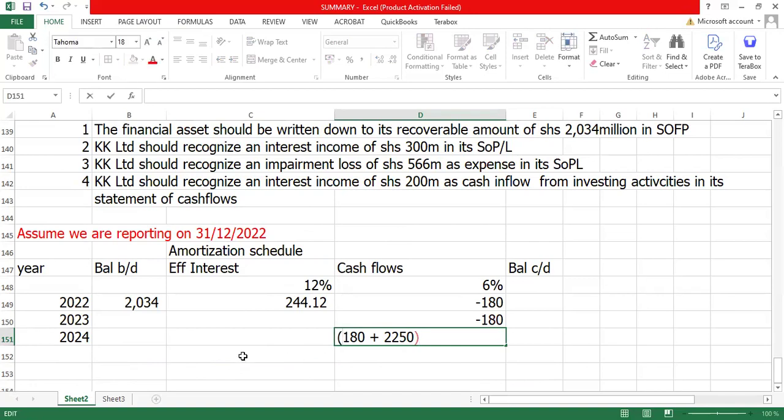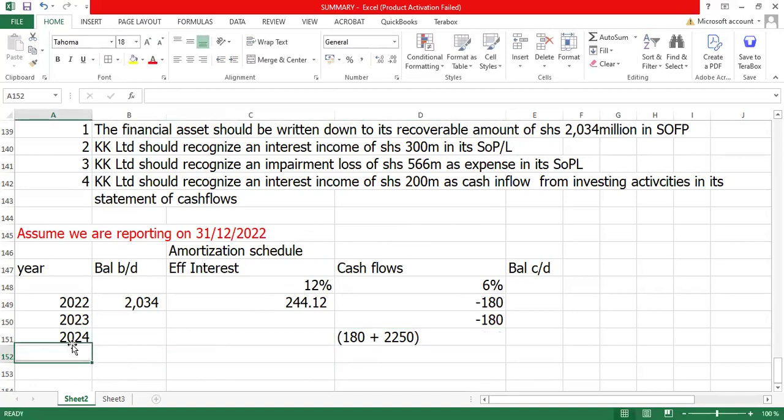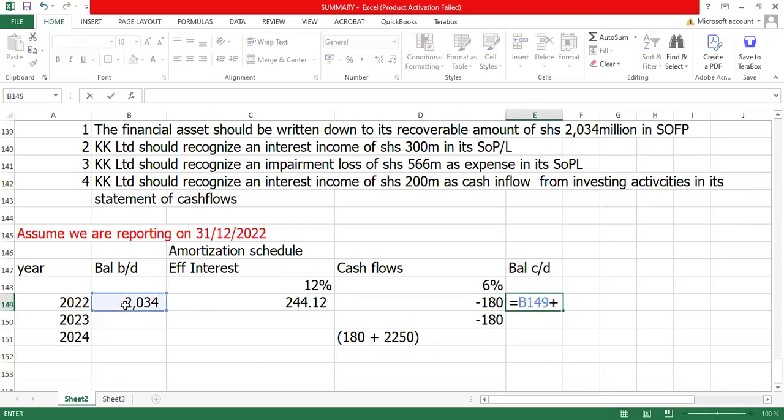If you're preparing the financial statements as at 31st December 2024, this is what could be your interest income, your cash inflow in the statement of cash flows. So colleagues, that's all. Then here you'll find that you're simply getting this plus this, then minus this. Then here you put what you have here.